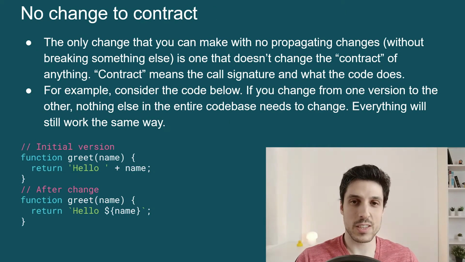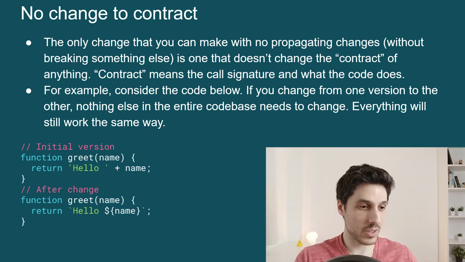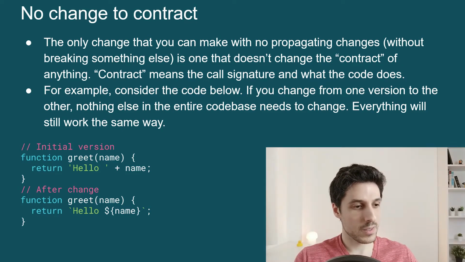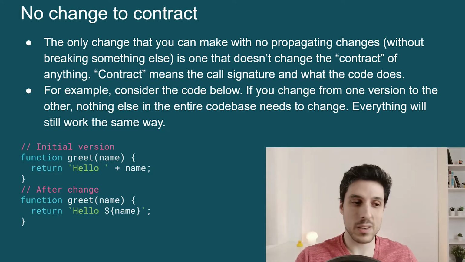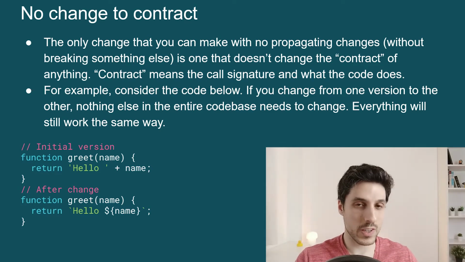The first kind of change, and the safest change you can make, is something that doesn't change the contract of a function or any functionality you have. If you look at the code on this slide, for example, we have two functions that have the same call signature. They have the same name, they accept the same argument, and finally, they also do the exact same thing. So both of these functions are 100% equivalent.